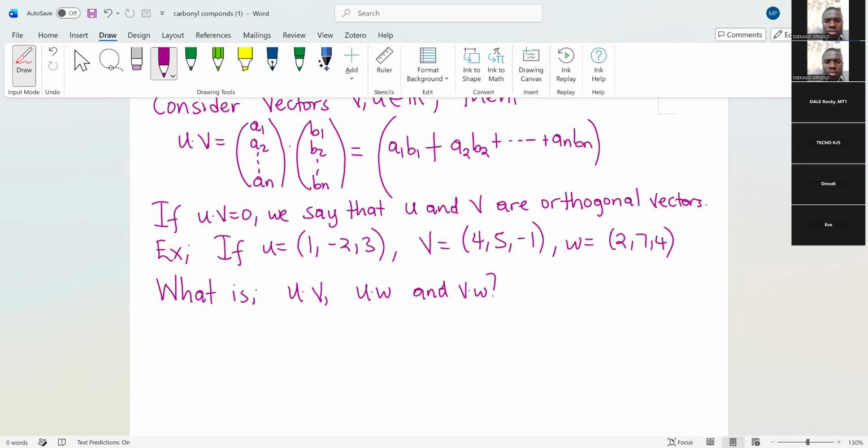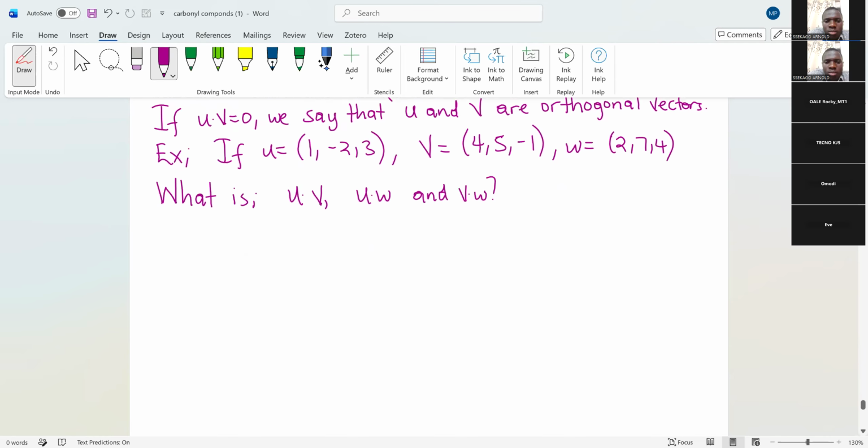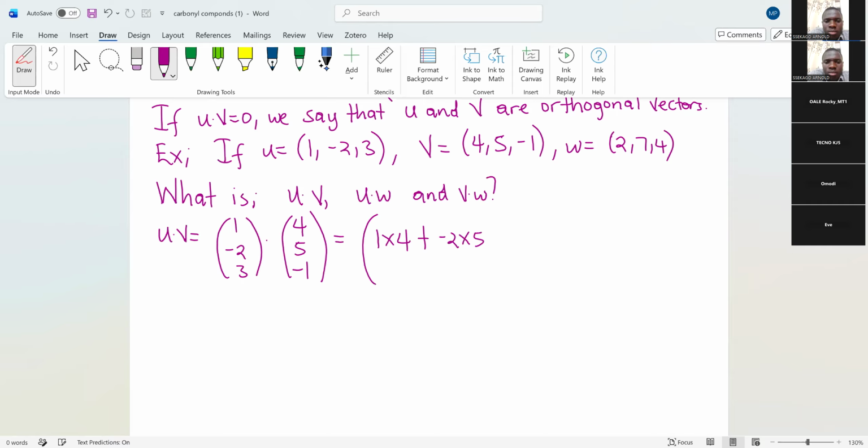I want to believe that this is very easy to deal with. For example, let me do one. For example, u dot v, this will be 1, -2, 3, dot 4, 5, -1, and this is equal to 1 times 4 plus -2 times 5 plus 3 times -1.